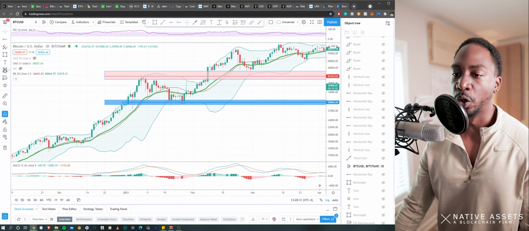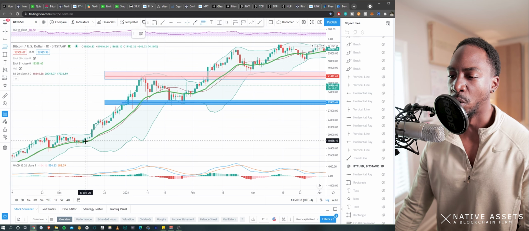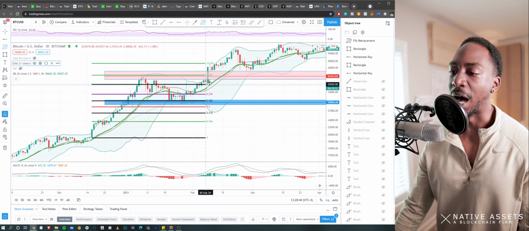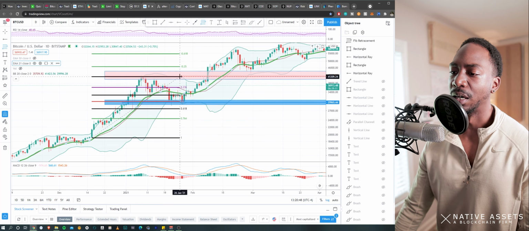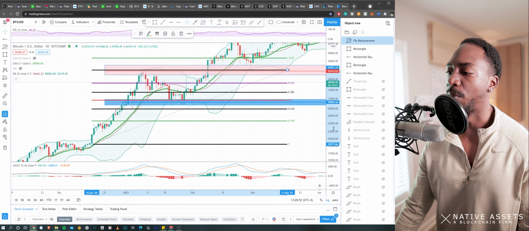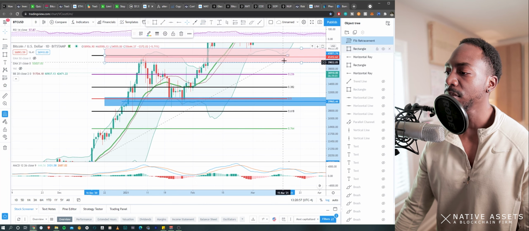The way that you do it, really rough, quick explanation, is you take an impulse move, so we'll call it right here, and you see how we were consolidating, and then all of a sudden we popped up. Then you take it to the height or the apex of that move itself. Boom, we'll say that was about the apex, right around here.